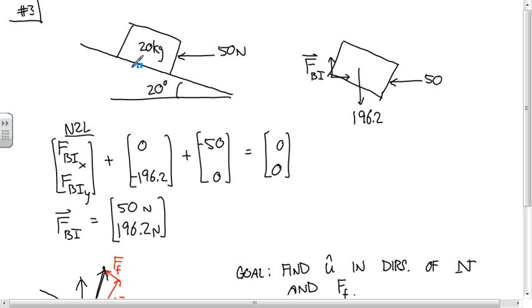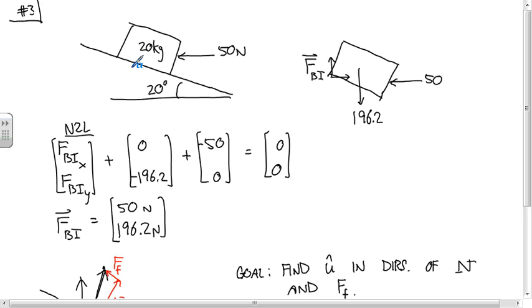So let's take the answer we got, the contact force on the block by the incline, and multiply it by that rotation matrix. What we should get is a new vector with the y component giving us the normal force and the x component giving us the friction force.